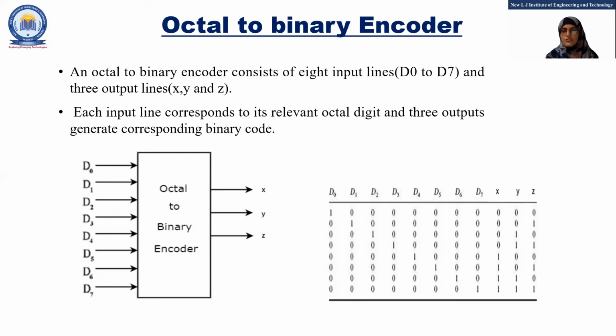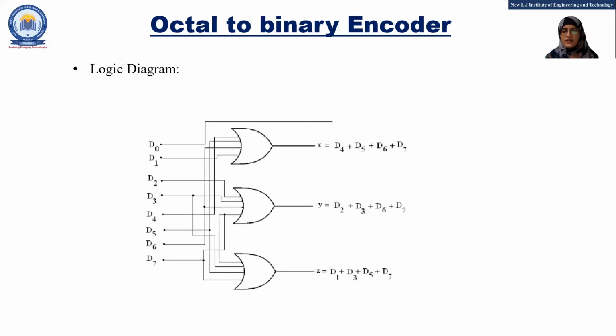So as per the truth table, the equations are X equals D4 plus D5 plus D6 plus D7, Y equals D2 plus D3 plus D6 plus D7, and Z equals D1 plus D3 plus D5 plus D7. So here is the logic diagram of the octal to binary encoder.